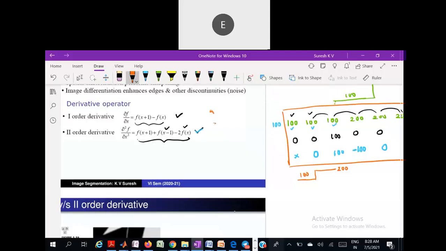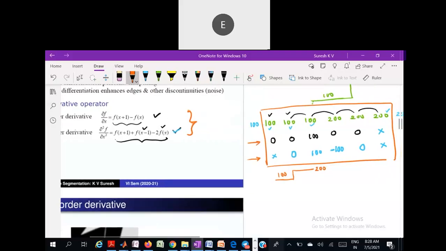This is the first order derivative and this is the second order derivative. We have seen it in the previous chapter, and in the second unit we will see it again. But what you should notice is, this is where you have an edge. The pixel is changing from 100 to 200, so there is an abrupt change here. Now, if you observe the first order derivative, at the onset of the abrupt change, you are seeing a non-zero value.